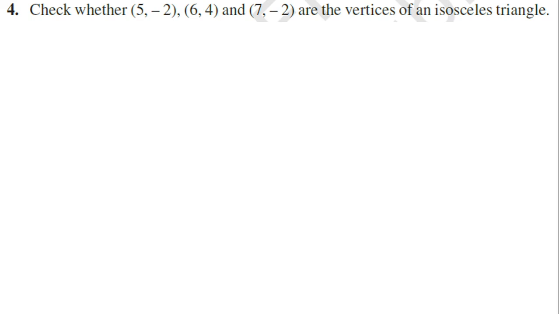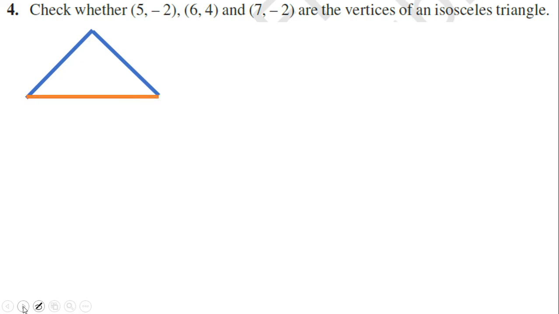Equilateral and isosceles are both different. An equilateral triangle is one in which all sides are the same. But in an isosceles triangle only two sides are the same. For example, see, this is the first side and this is the second side. Both sides are the same length, so it's called an isosceles triangle.